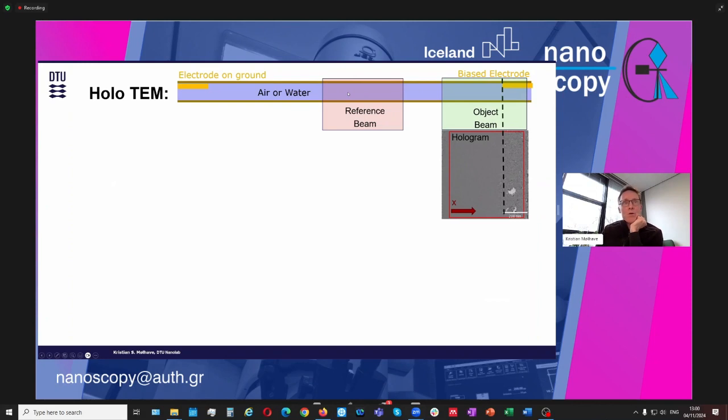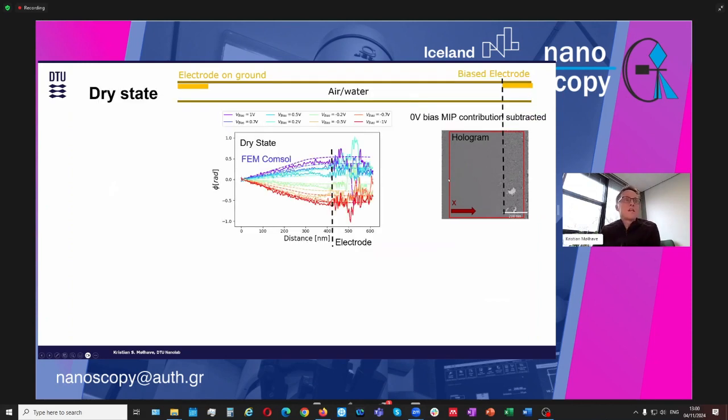And then we make a hologram by the two, and if it's in the dry state, we get some really nice phase changes as functions of distance from the electrode. And we've done extensive COMSOL modeling of the entire electrical fields out in 3-dimensional space to make sure we account for all possible 3-dimensional fields that the electrons will sense in their pathway.